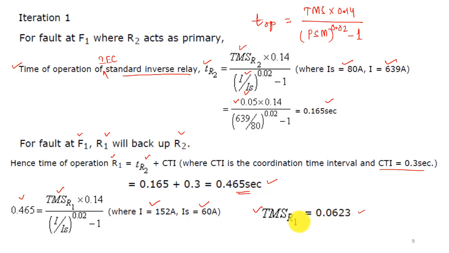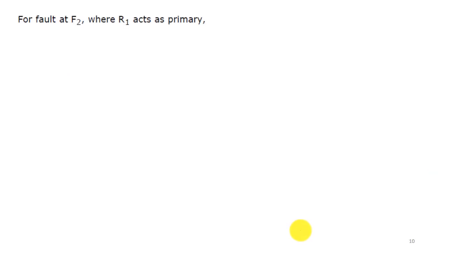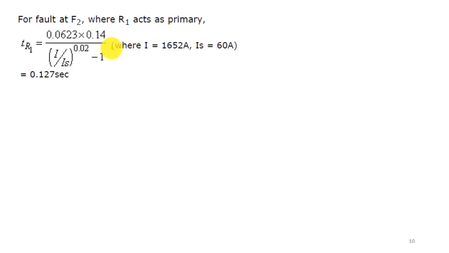Now using this TMS setting of relay R1, we'll find the relay operation time of R1 when it acts as the primary protection for the fault F2. So for fault at F2, R1 acts as the primary protection. For that, how much time does R1 take?